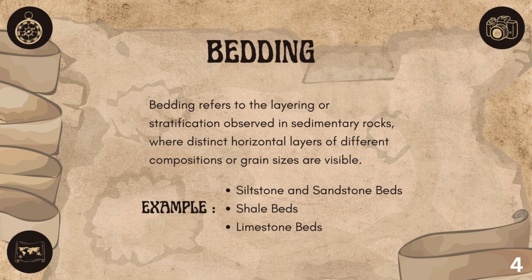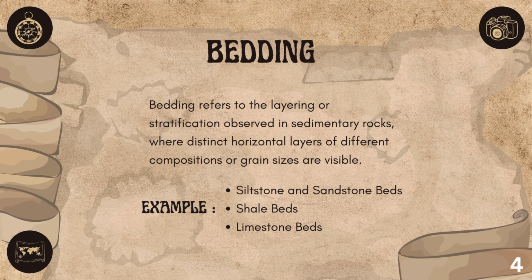Next, sedimentation rates: the thickness and character of bedding can provide insight into the rate of sedimentation. The implications for reservoir quality are homogeneous or heterogeneous. Homogeneous bedding may suggest consistent porosity and permeability within a reservoir, facilitating fluid flow. Heterogeneous bedding can create variations in these properties.